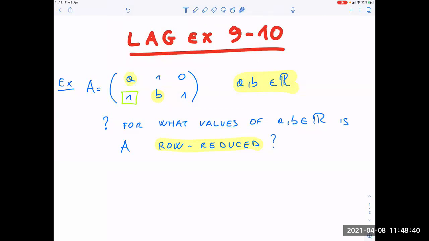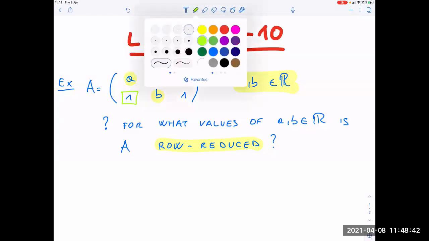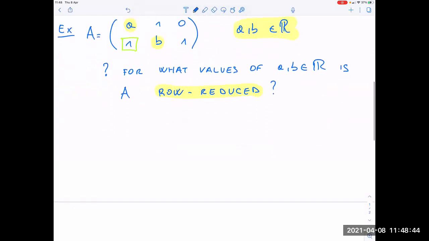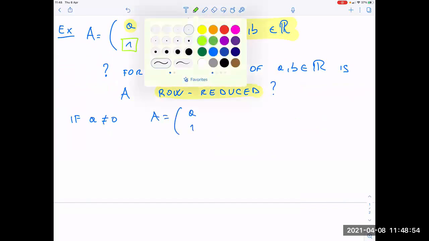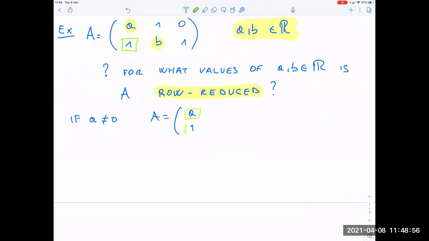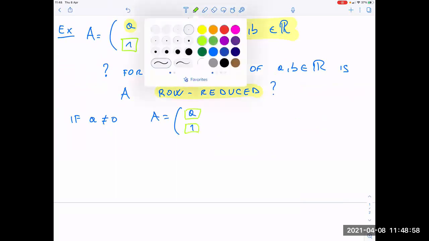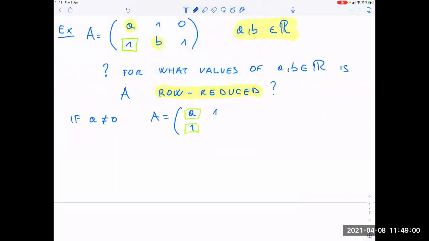So we have to make some case analysis, just starting here. If A is different from 0, then I look at the matrix and I see two markers here, and then we have all the rest, 1, B, 0, 1.